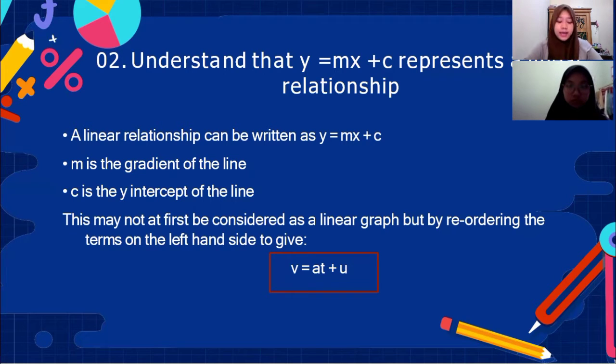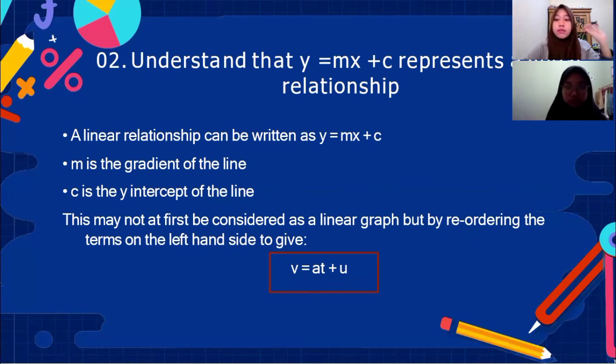When sketching the graph, we should always start from the y-intercept, and then use the gradient to determine other points on the graph. Other points make the line clearer to see.